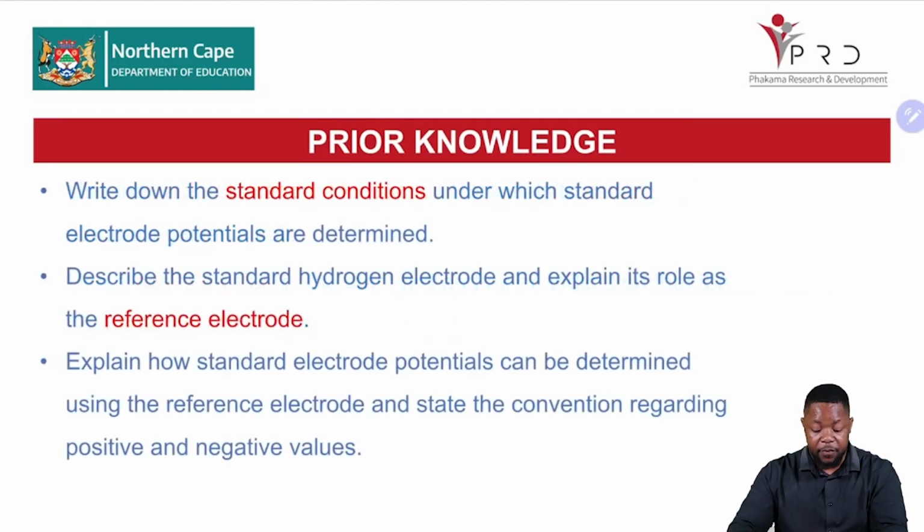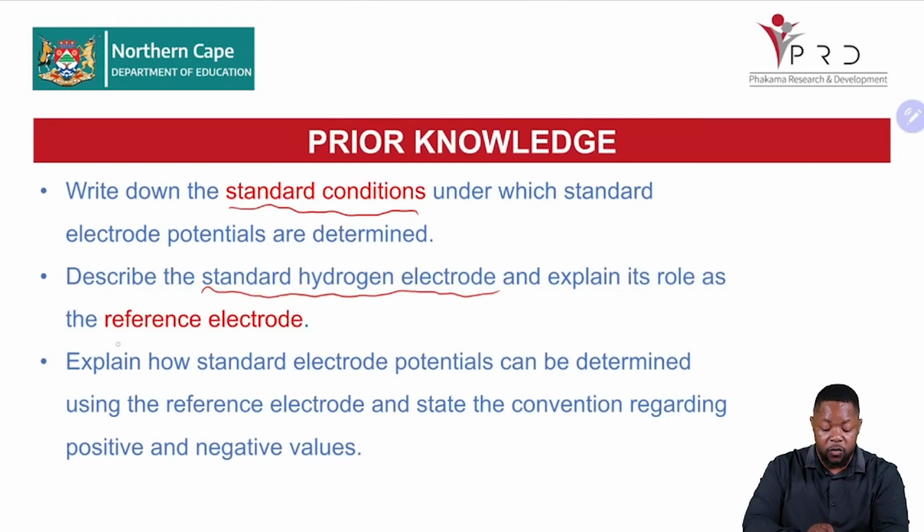We continue with the lesson. We need to be able to write down the standard conditions under which electrode potentials are determined. We need to be able to describe the standard hydrogen electrode and explain its role as a reference electrode.